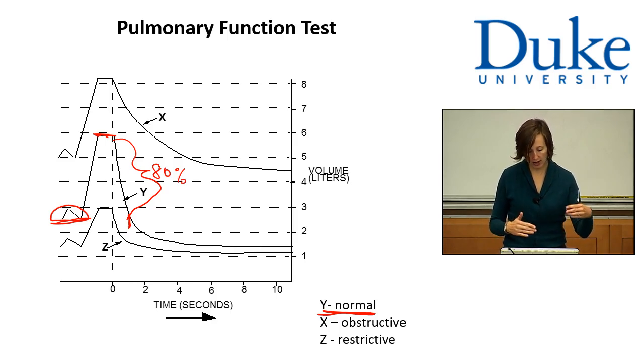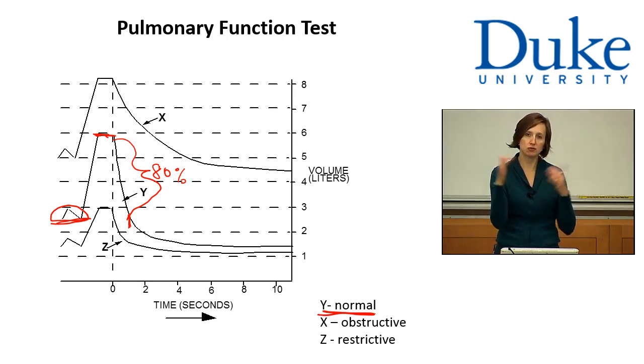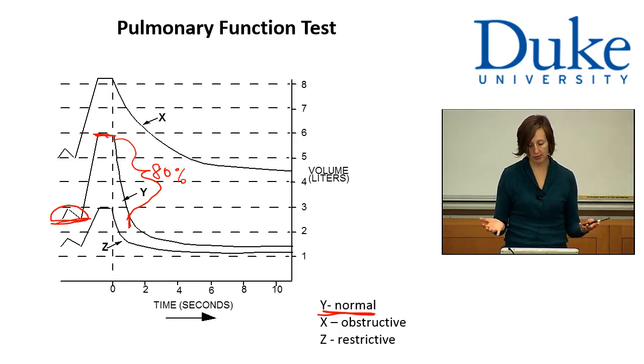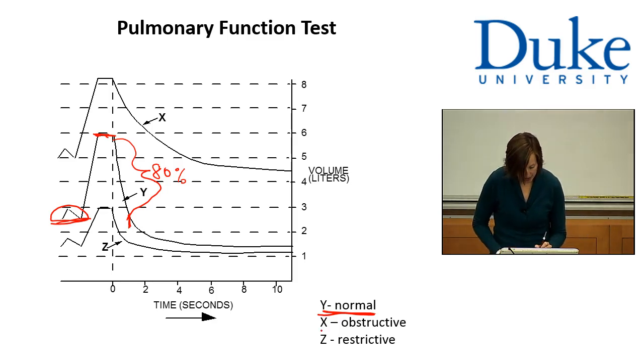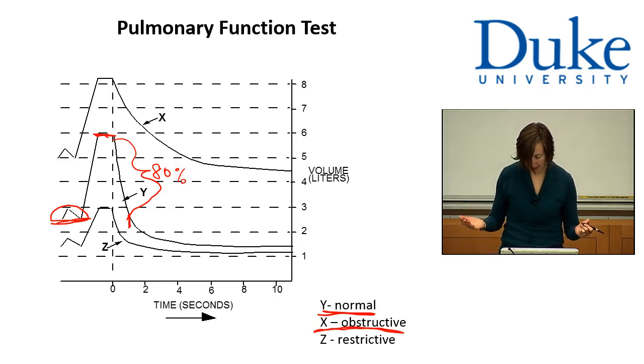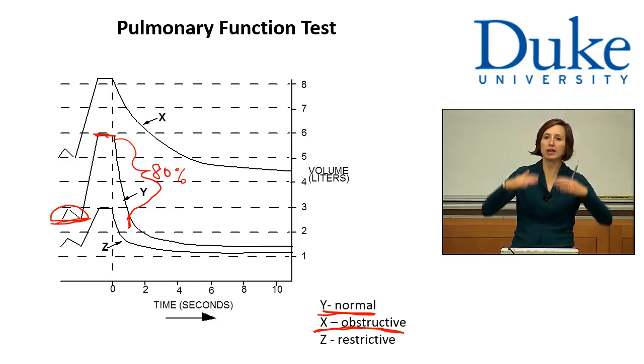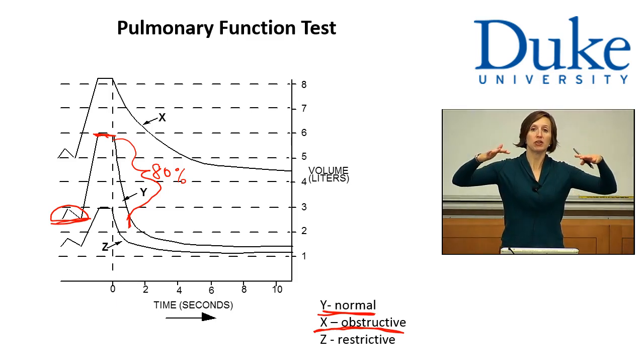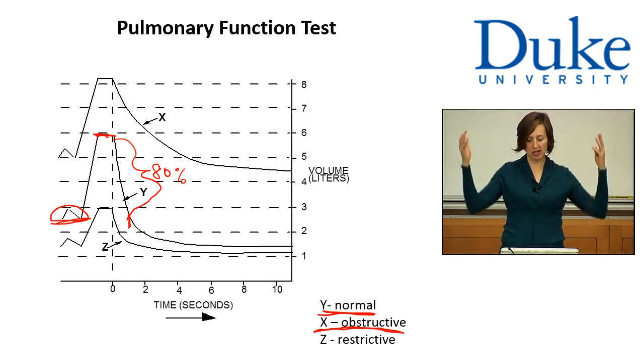So their forced vital capacity is, of course, normal, and the FEV1 is normal. Now we can consider someone with an obstructive lung disease, let's say emphysema, which is this X curve, where in this example they're breathing with their lung being more inflated, which is probably a good compensation to help them exhale.